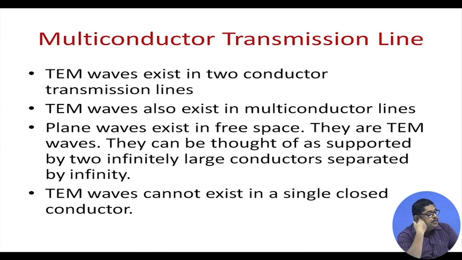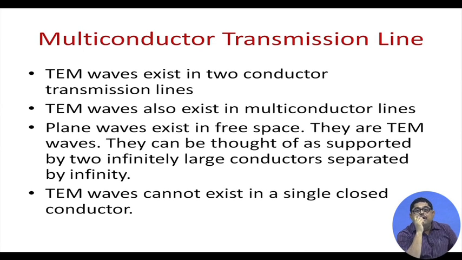This can be proved. Plane waves exist in free space. We have seen that if you are far away from any radiating source, you get plane waves. They are TM waves. They can be thought of as supported by two infinitely large conductors separated by infinity.